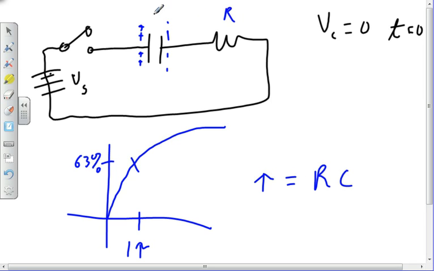Whatever the resistance is times the capacitance, that's my time constant. After 5 time constants, I'm going to be fully charged. Now, from a mathematical point of view, you're never going to be fully charged, but we're technology people, so in 5 time constants, we're going to make it there.